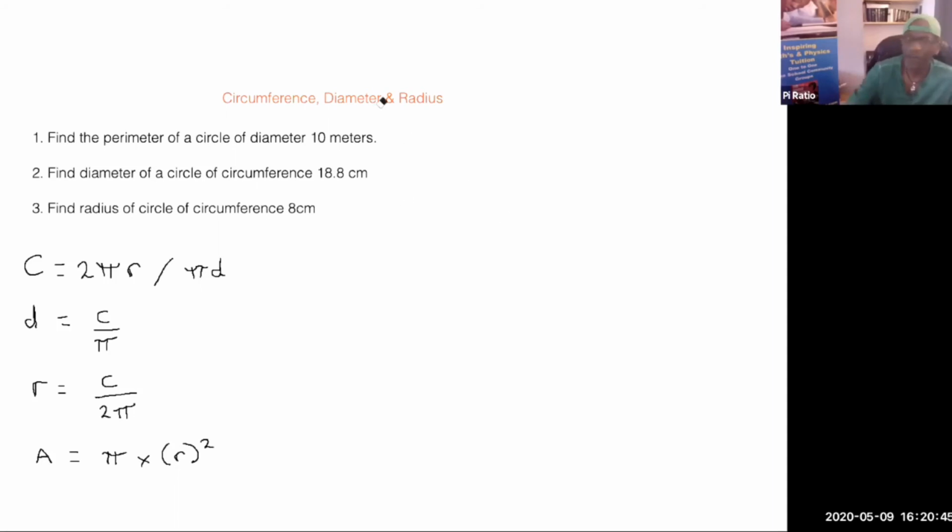So I know that R is equal to C over 2 pi.